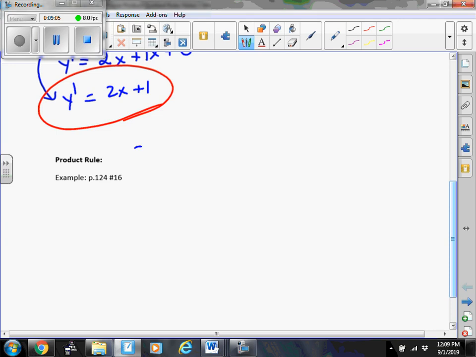So the rule is, if I take the derivative with respect to x of a product of two functions, what I get is the derivative of the first times the second plus the first times the derivative of the second. What I like to say is f prime g plus f g prime.